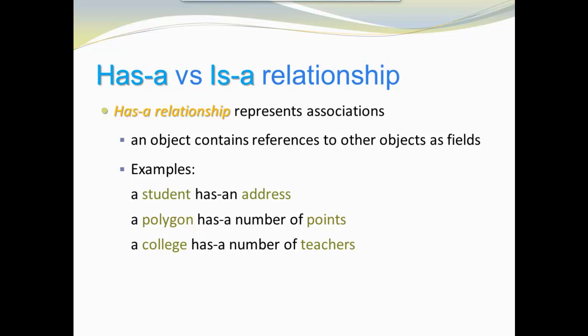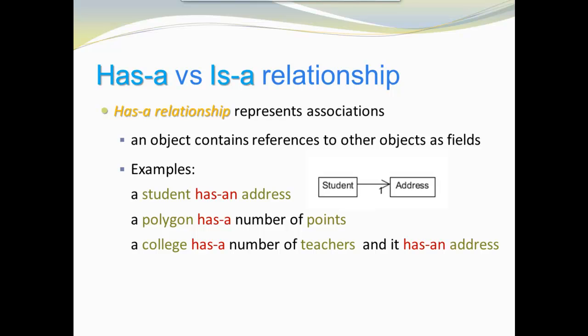I could say a student has an address. A polygon has a number of points. A college has a number of teachers. Notice one class can have multiple has-a relationships. A college can have a number of teachers and an address.